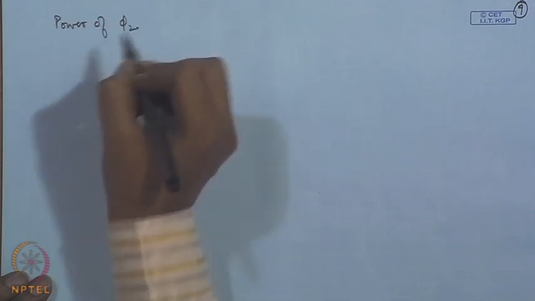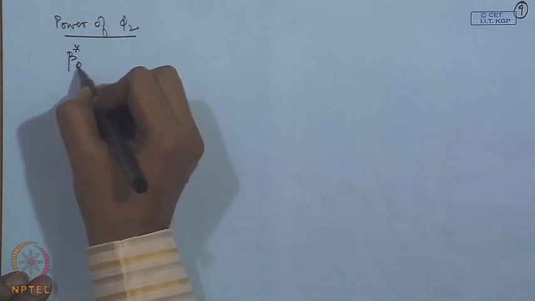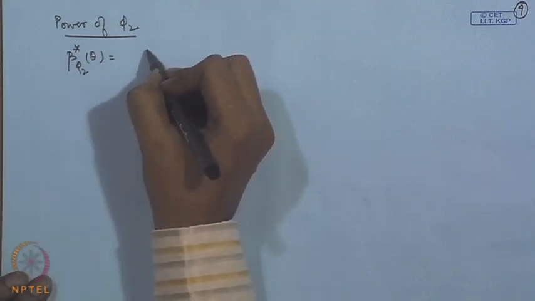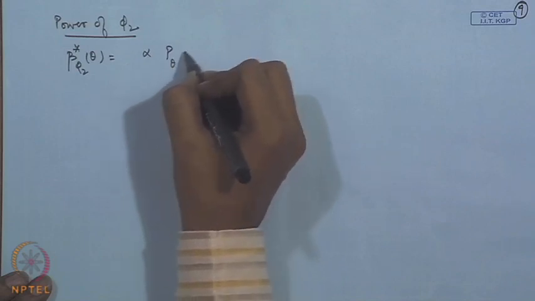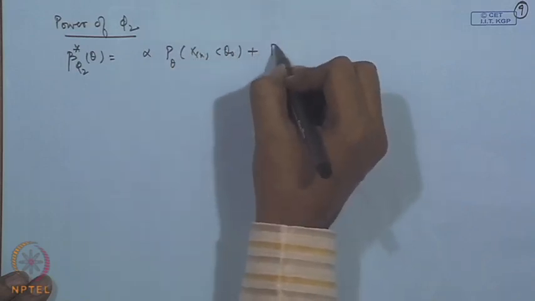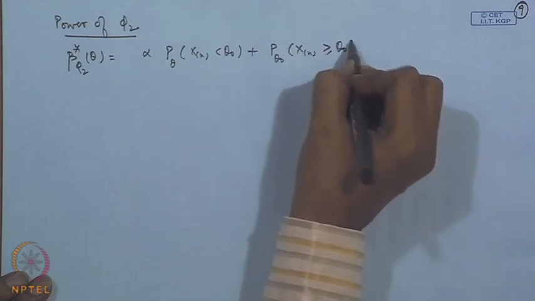Power of phi 2. So, power function of phi 2 is equal to alpha times probability theta x n less than theta naught plus p theta naught x n greater than or equal to theta naught.